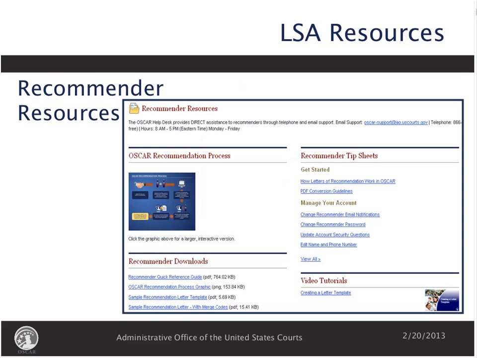If you click on recommender resources, again, it's organized the same way, in that you'll have access to their tip sheets, recommender downloads, video tutorials, and here a process map on the recommendation process.